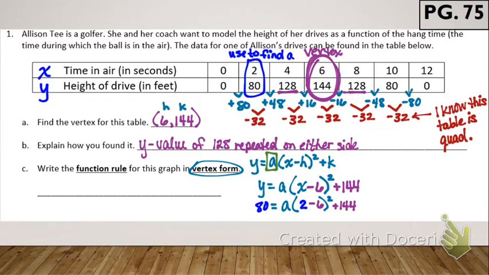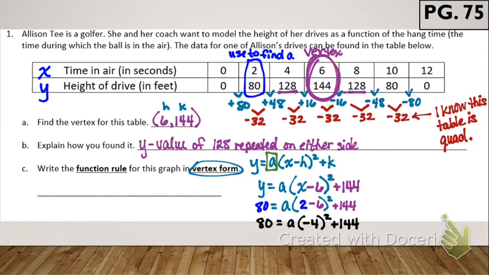I need to use order of operations now to get a all by itself. What should I do first according to order of operations? Parentheses. What is 2 minus 6? Negative 4. And then we want to do what to that? What would my next thing be?